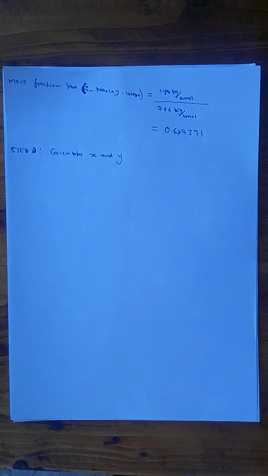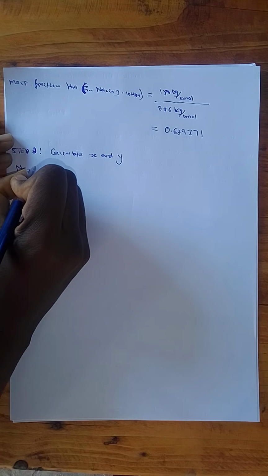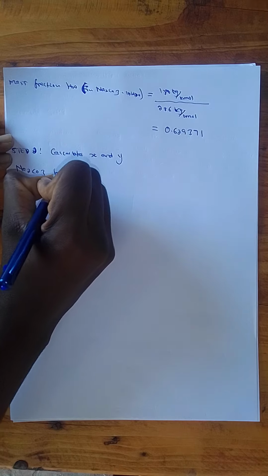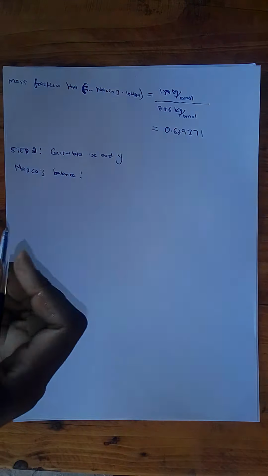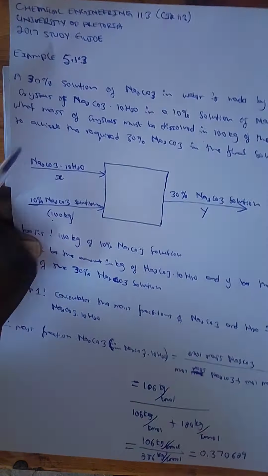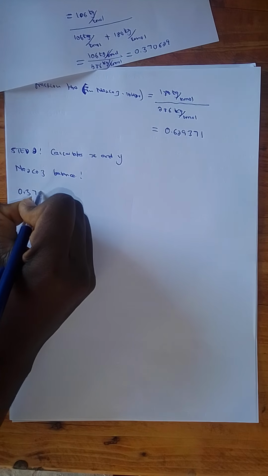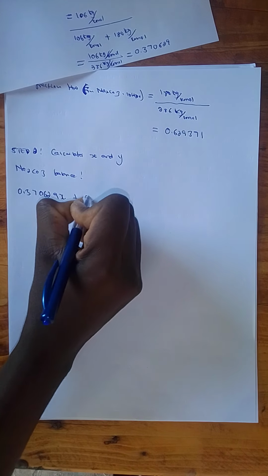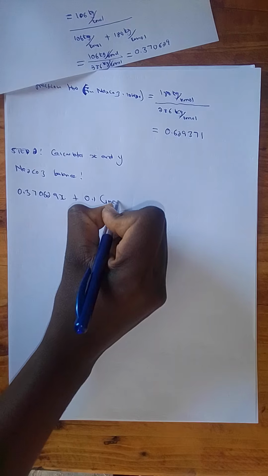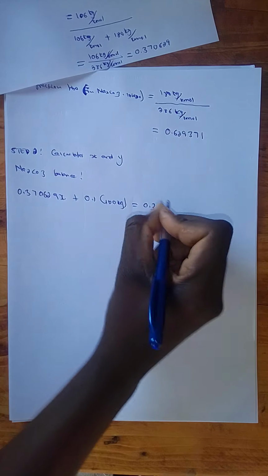So with that said, we're going to do an Na2CO3 balance. From here, we're going to say 0.37062x plus 0.1 by 100 kilograms equals 0.3y.